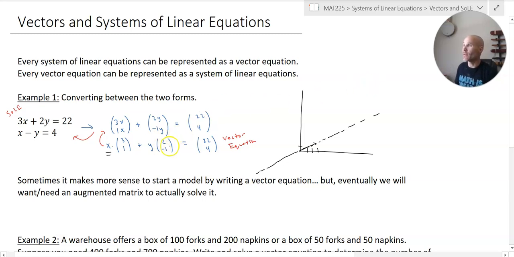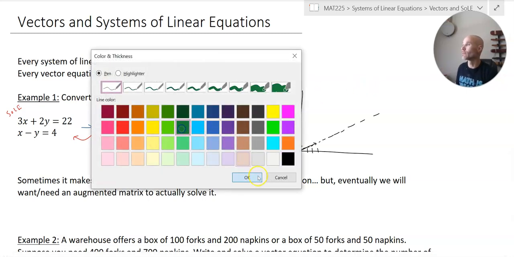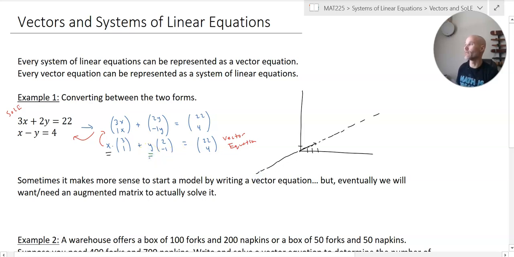Now, if I do that same thing for 2, negative 1, I'm going to take the vector 2, negative 1, and scale it by a factor of y. And when I put these together tip to tail, I want to arrive at the point 22, 4.